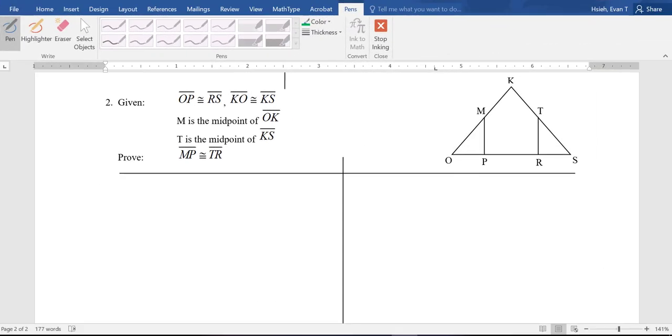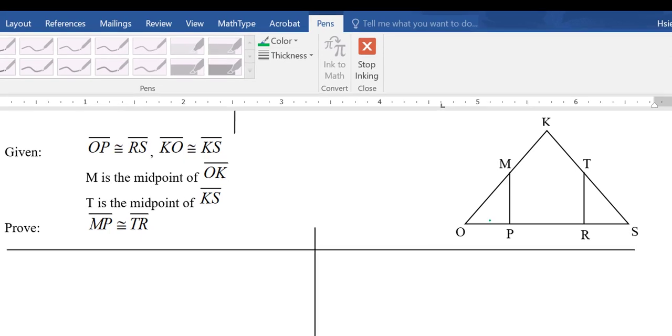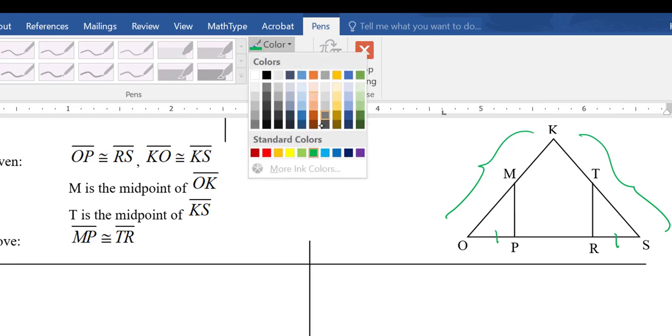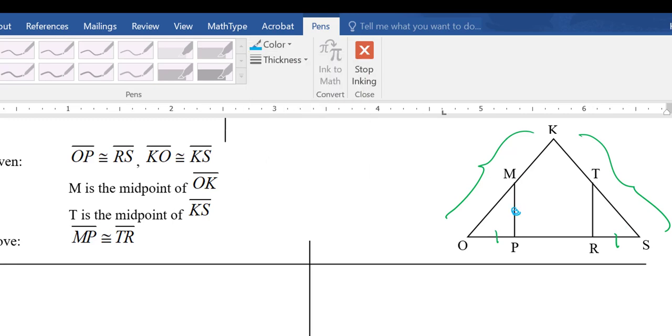We're now moving to the back side, looking at proof number 2. I know that OP is congruent to RS, and I know that KO is congruent to KS. What we're trying to prove here is that MP is congruent to TN. So we're trying to prove this segment is congruent to this segment.